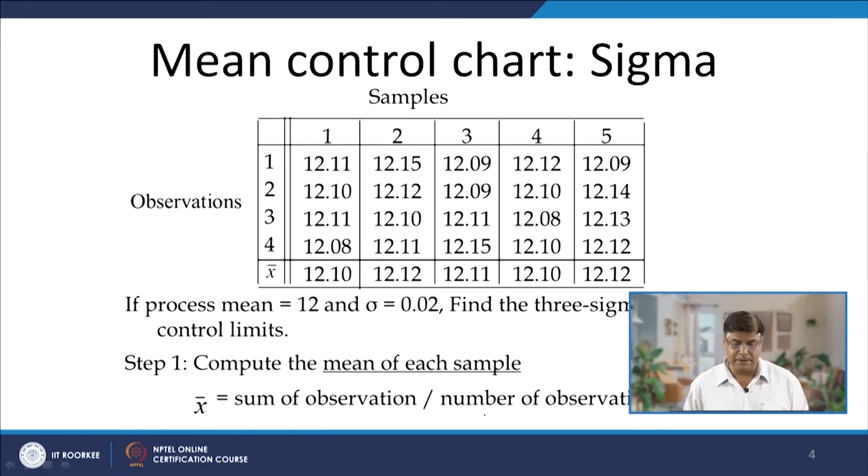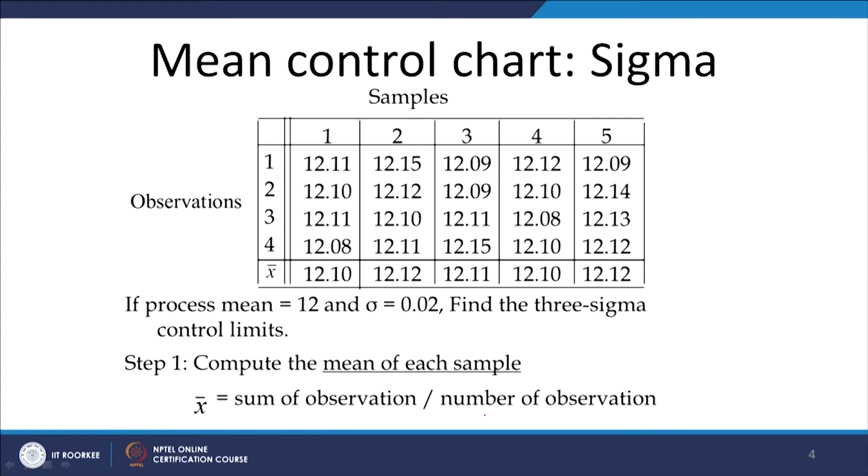Now, we will see one example. There are 5 samples which have been taken, sample 1, 2, 3, 4, 5, and in each sample there are 4 units. Sample 1 has 4 units, 1, 2, 3, 4, and these are the quality characteristics which have been quantified, and the average of the quality characteristic for sample 1 is say 12.1.